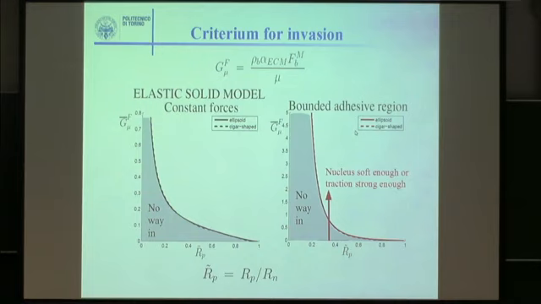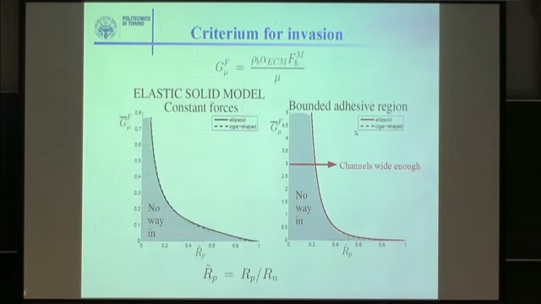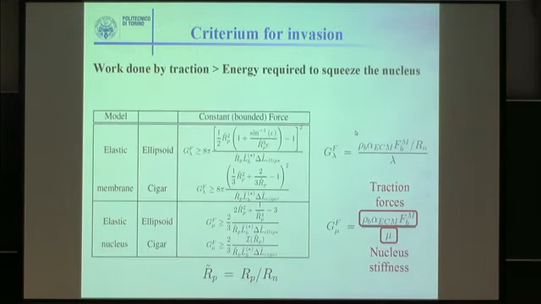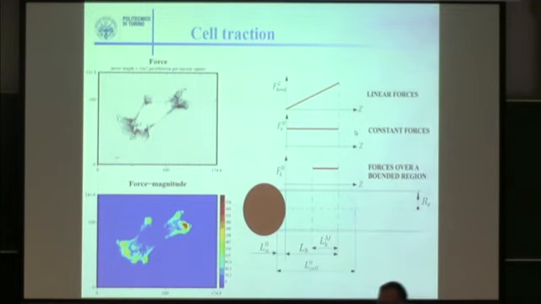Okay, maybe if you show it on the picture, just where the force is directed. Well, I don't know if I have a picture. Just on the schematic of the channel and the nuclei. Okay, something like that. So the forces are acting here on the channel walls, and I think the most important assumption is this one.